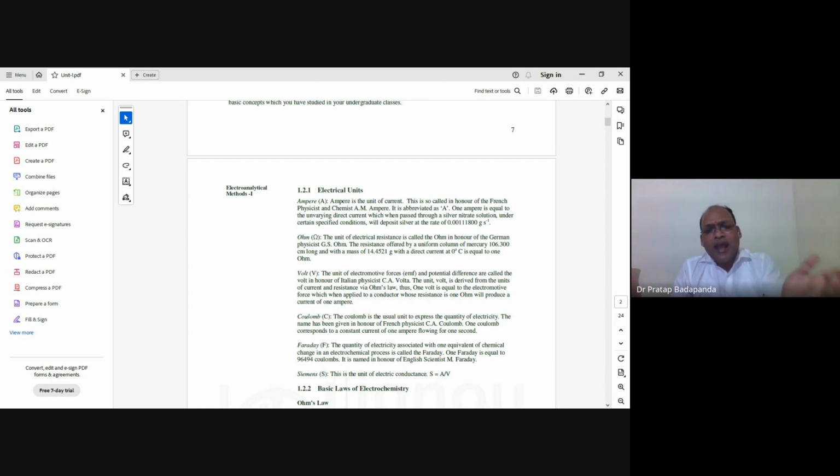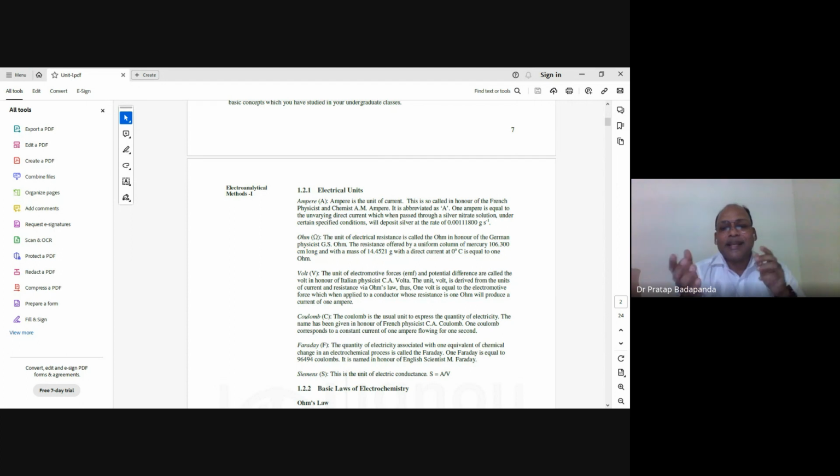So 1 ampere current will provide 0.00111800 grams per second of silver deposited at the silver electrode. That is the important fact: 1 ampere helps to deposit a particular amount of a particular substance. An example is given here.